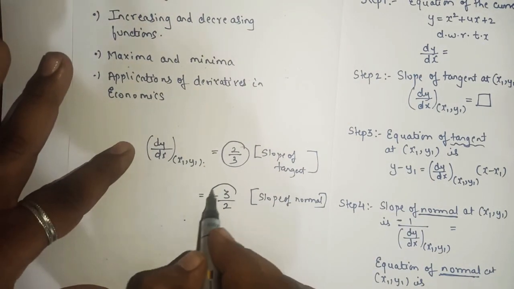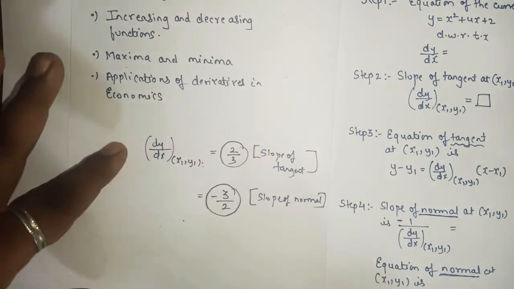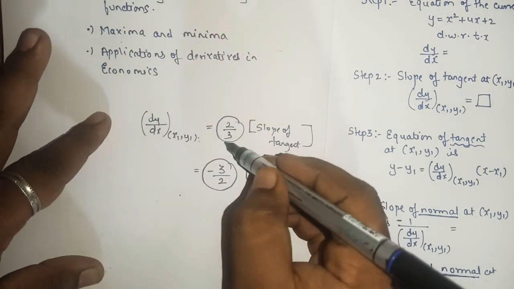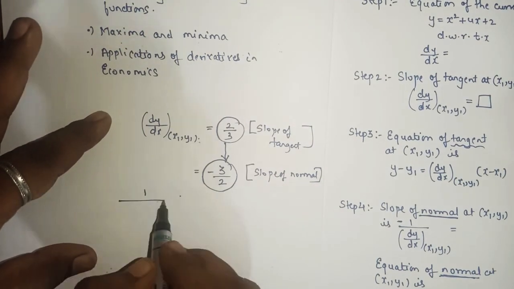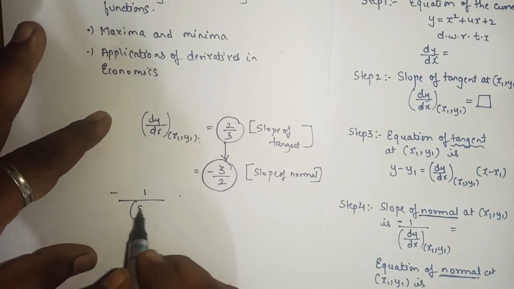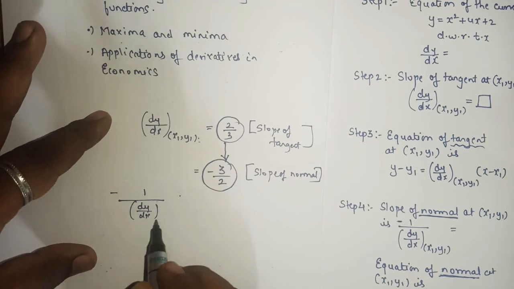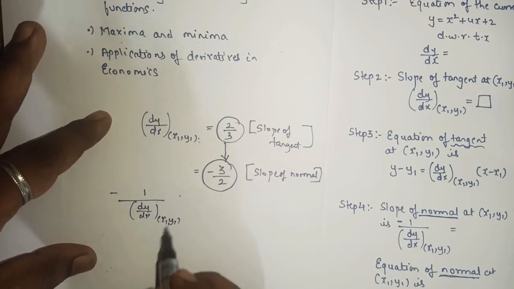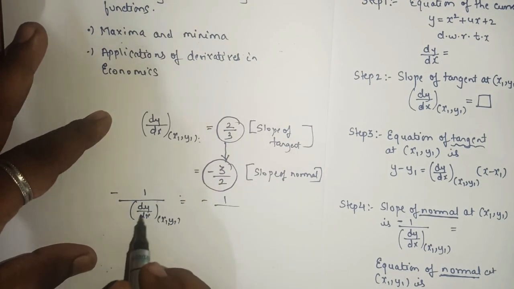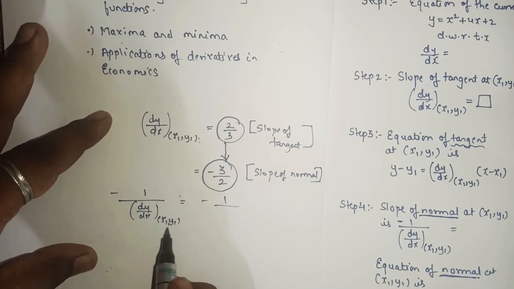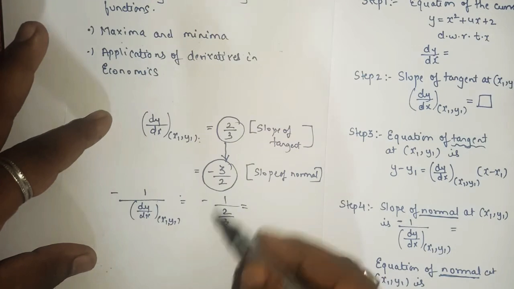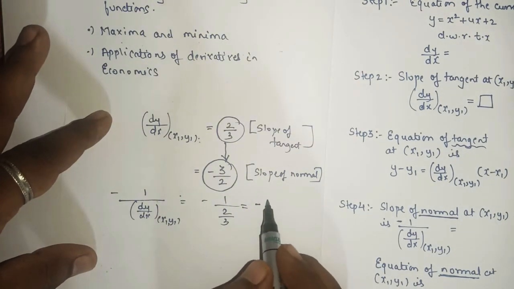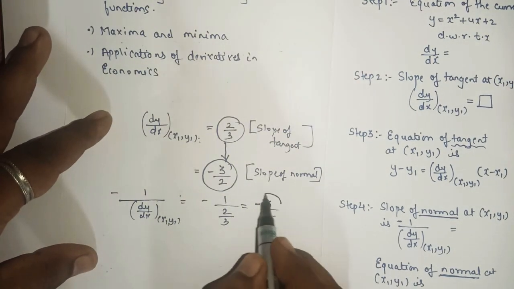So this slope is known as the slope of normal. Or else you can apply the formula. The formula is minus 1 upon dy by dx at x1, y1. It means minus 1 upon, dy by dx at x1, y1 is 2 by 3. Bring this 3 up, so the answer will be minus 3 by 2.